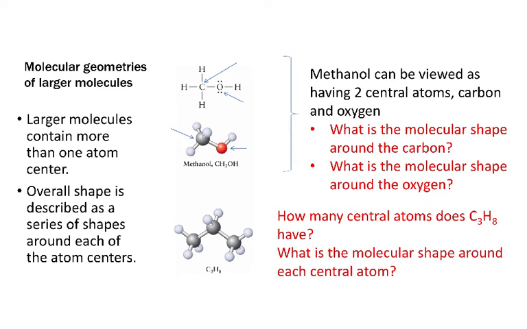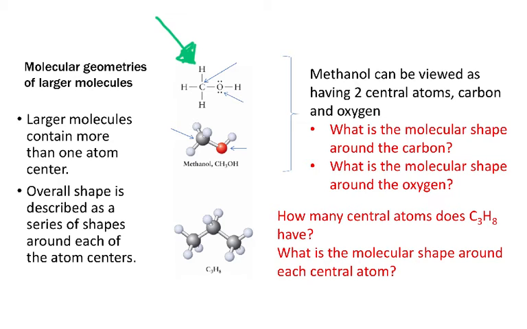All right, final thoughts on molecules that have more than one central atom. Larger molecules can simply be thought of as containing multiple central atoms. So the overall shape is described as a series of shapes around each atom center. For example, methanol, which is the one that makes you go blind, by the way, has carbon and oxygen both as central atoms.